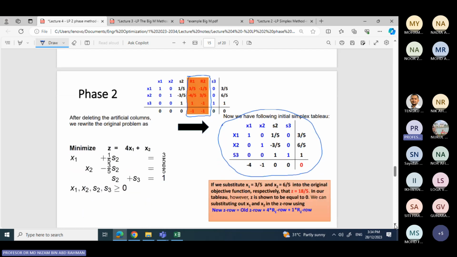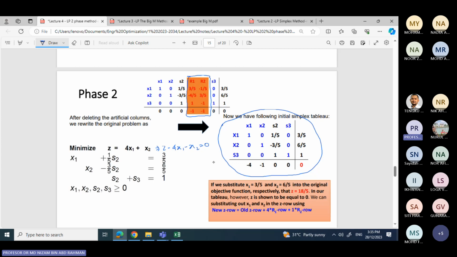In the Z row, we go back to the initial original problem, where we minimize Z equals 4x1 plus x2. So this becomes Z minus 4x1 minus x2 equals 0.